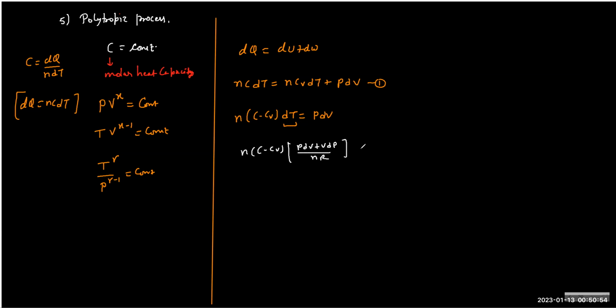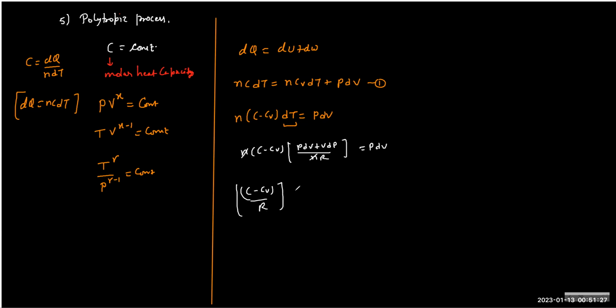And n(C minus CV) upon nR is again a big constant. Oh, this n gets cancelled. So what we are left with is (C minus CV) upon R, which is again a new constant. See, unless I make C constant, is it possible to treat this as constant? Tell me guys, yes or no? No, sir.